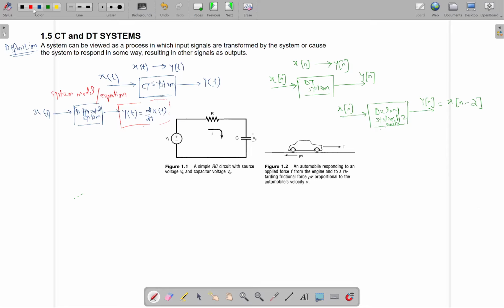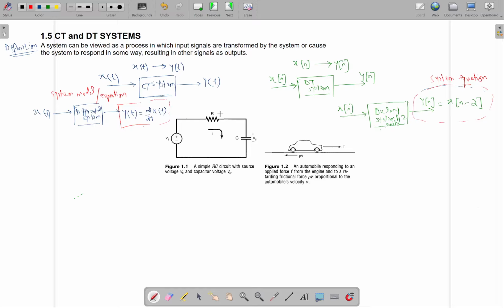Again, the important bit is that this equation written over here is the system equation, which dictates how the inputs and outputs are linked. Remember, y of n represents the output, and x of n is the input.